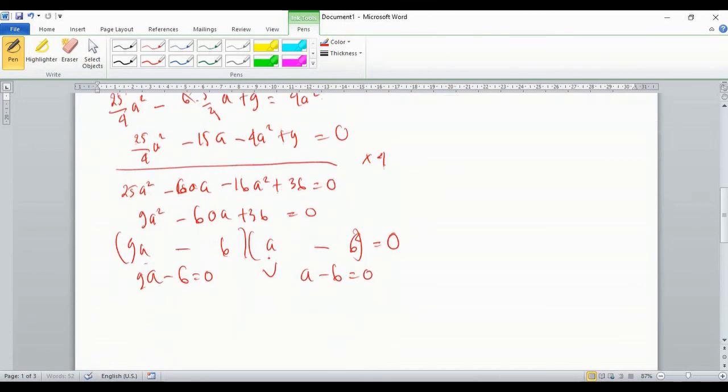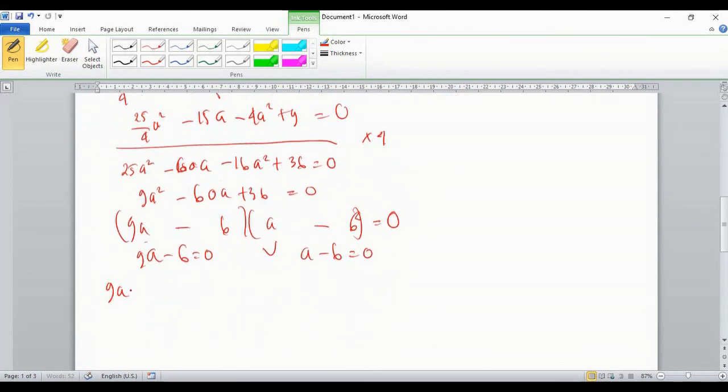So we have 9a equals 6, I mean like this one. a equals 6 over 9 or 2 over 3, and then a equals 6, right?